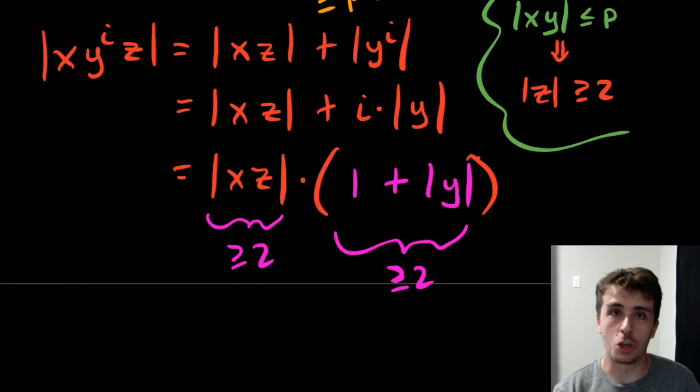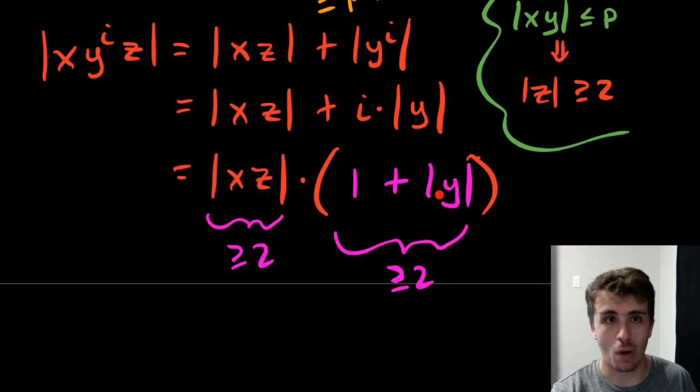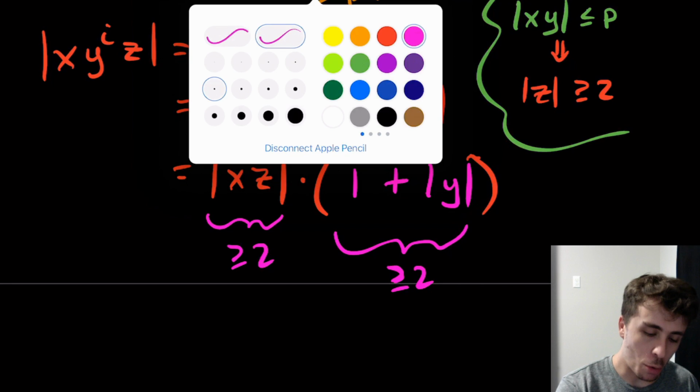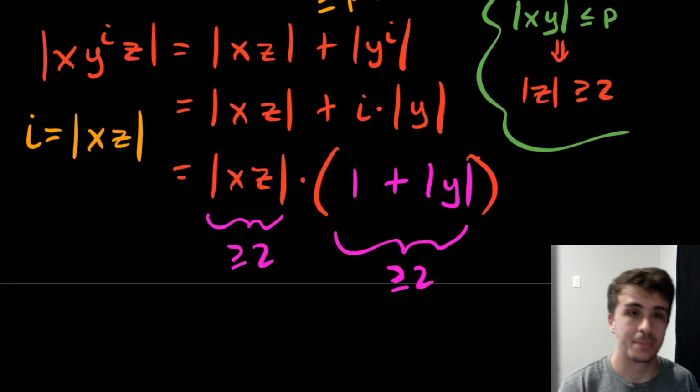But how can I show that this is equivalent to the original? Well, if we expand this product out, we'll get xz's length, because it's just multiplied by 1, plus xz's length times the length of y. So the correct value of i to pick is going to be the length of xz.